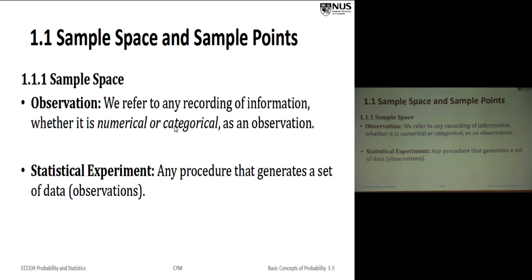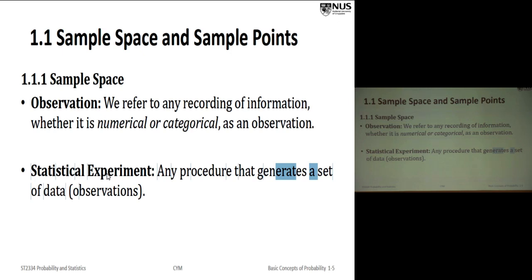Okay, and the objective is ultimately to use these observations to try to make inferences about the real world. Of course, we're a long way from being able to do that, but that's really where we're trying to head towards. Okay. Now, the main concept where these notes really begin is the notion of an experiment, a so-called statistical experiment.